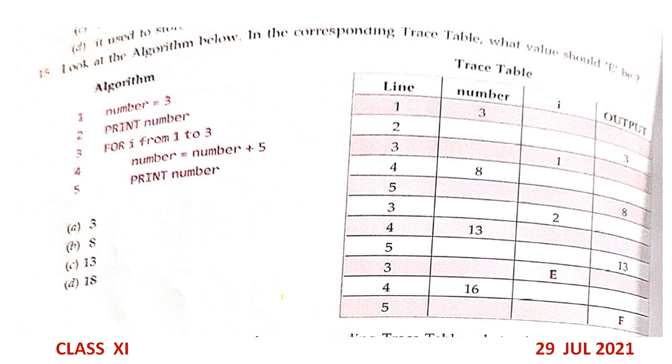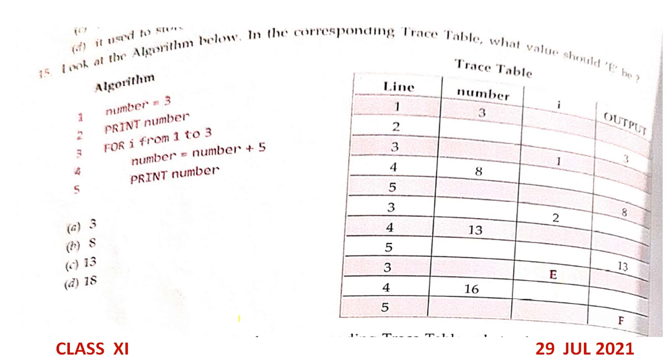Let us see E. Where is your E? Number is 3, print number. Line number 1, number is 3, print number, output will be 3. For I from 1 to 3. When I is 1, what will happen? Number was 3, 3 plus 5, 8. When I is 2, it is printing step number 5, 8.